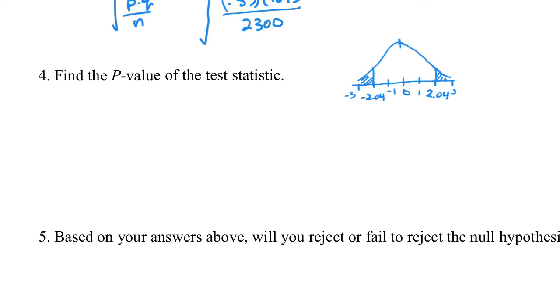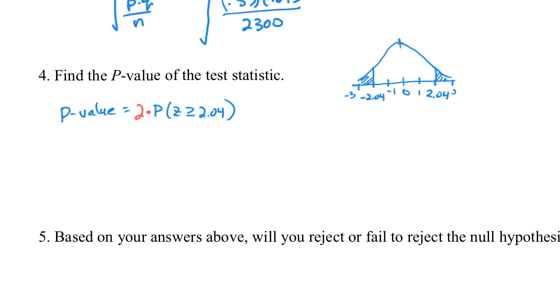So the p-value is going to be, I'm going to leave a little space and write, probability that z is greater than or equal to 2.04, but I need to go 2 times that, because this z greater than or equal to 2.04 gives us this part. I need to also get this part. So because it's a two-tailed test, we need to double what we get.